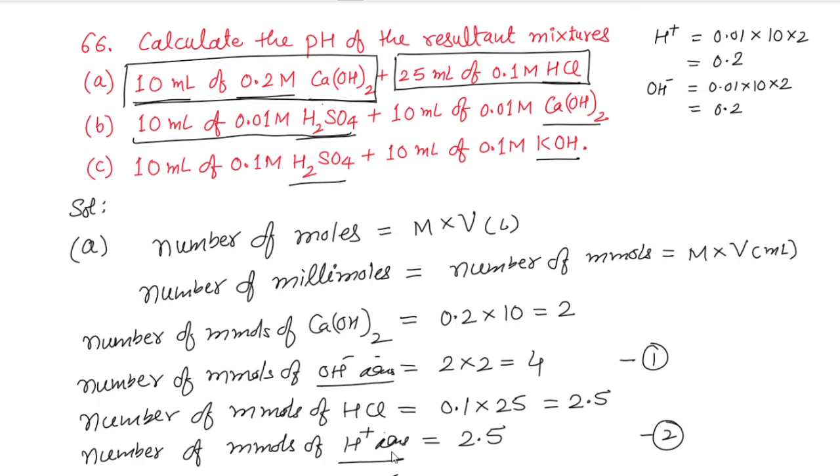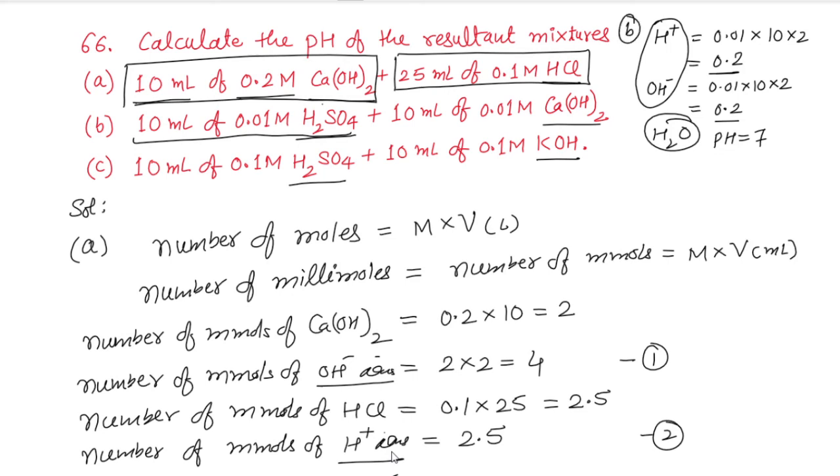That means H plus ions and OH negative ions are equal, so nothing is left; it is neutral water. So the pH of the solution is 7. The solution is neutral. Got it?